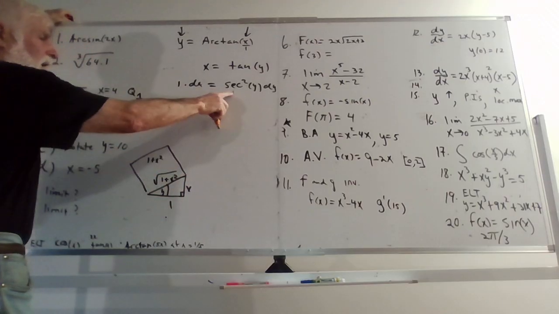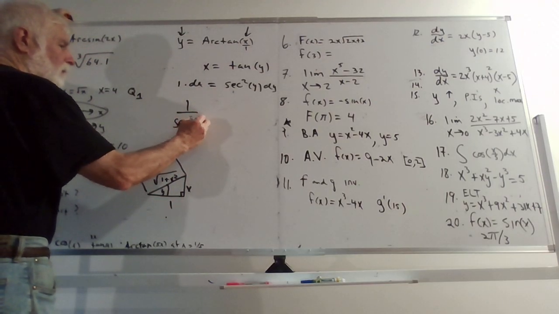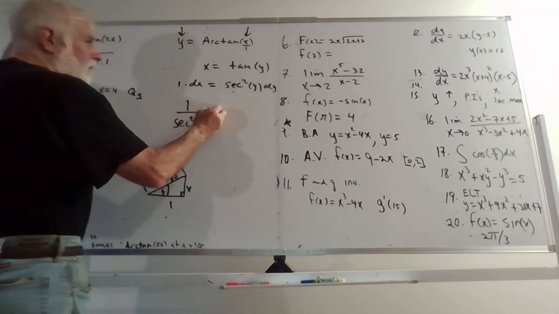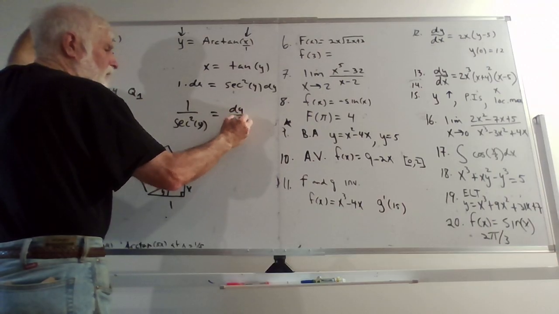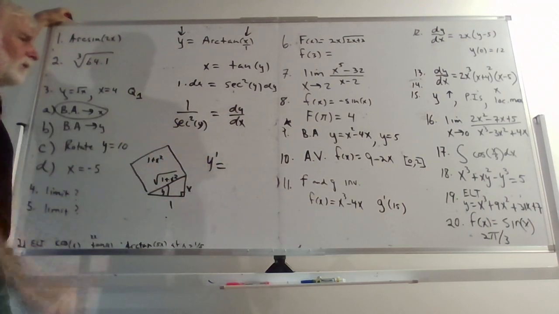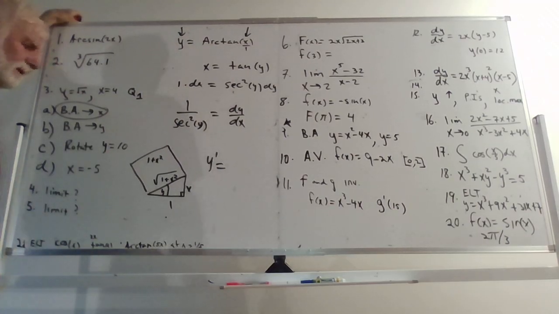And that's multiplication, which becomes division on this side. It's a y, ugly looking y. And multiplication by dx on this side becomes division on that side. And so now we have our derivative. If we can figure out what the secant of y is and then square it and put it in the denominator.